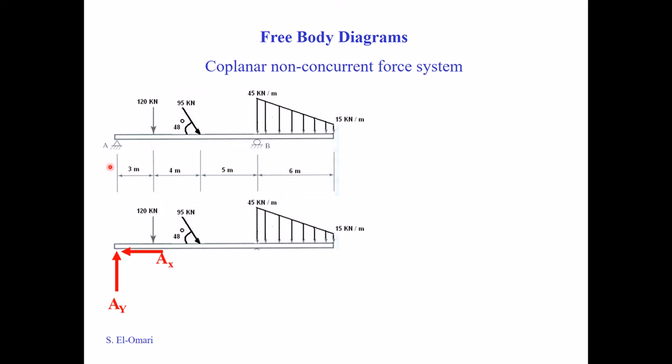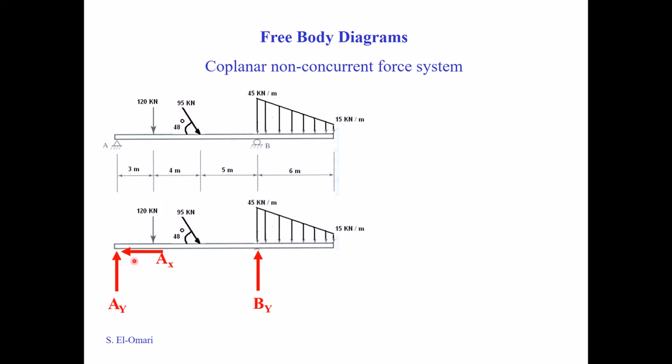It will not prevent rotation; this system can rotate about this support. The roller will prevent motion along the vertical direction, so you place right away BY. It will not prevent motion along the x-axis, so you don't place a reaction, and it also will not prevent rotation. So this becomes the free body diagram.